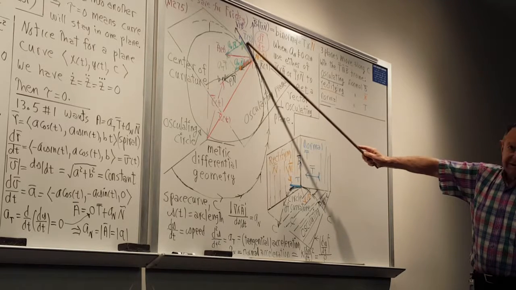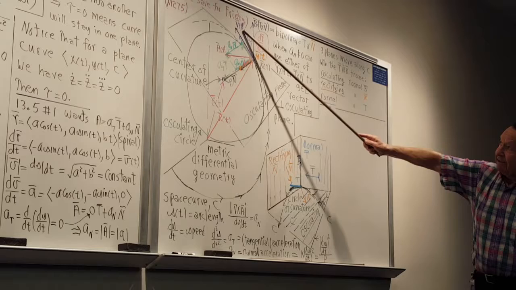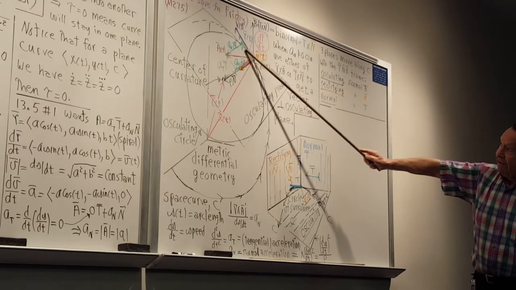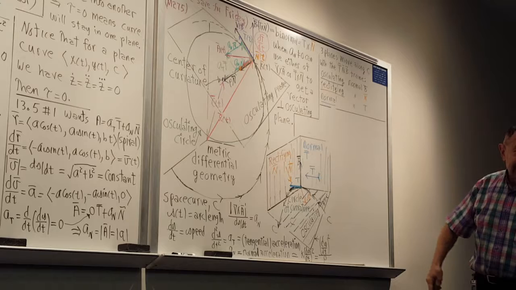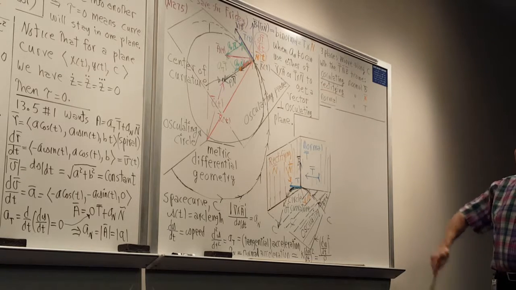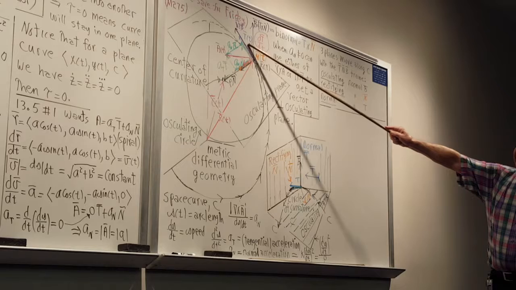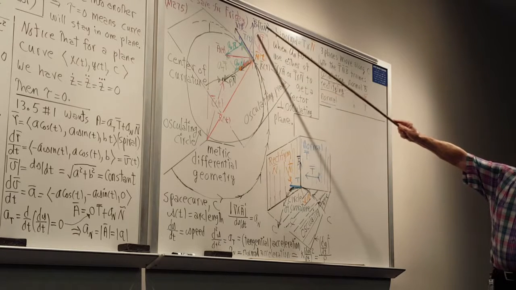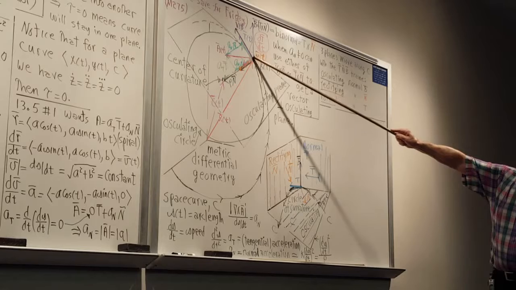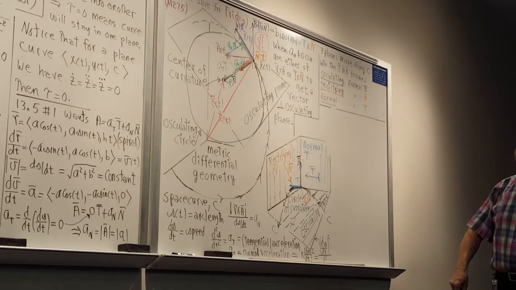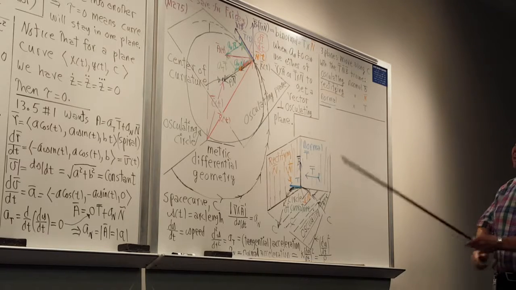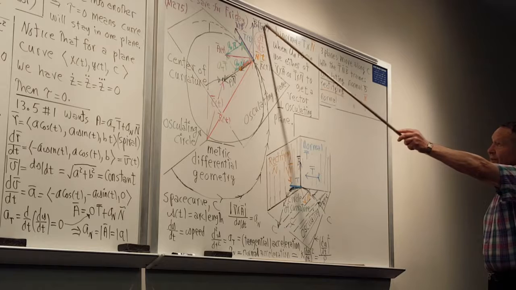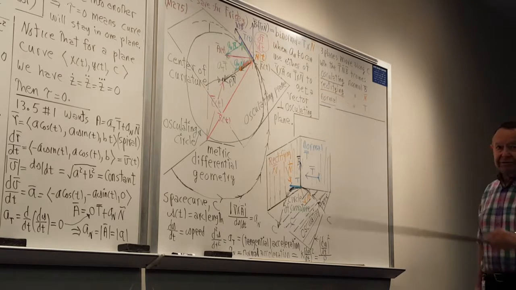The blue is the unit tangent vector, the purple is the velocity vector, and the light green, the pea green maybe is the color, is the tangential component of acceleration. And then the cross product of any of these three with any of these five would give you the normal to the plane, which we call the binormal, and that would be this dark blue. If you do t cross n, since they are unit vectors, this gives you a unit vector.